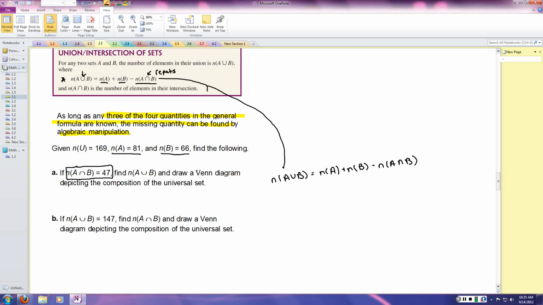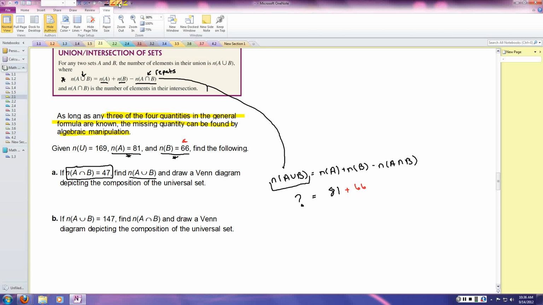So I'm asked to find the number of elements in the union. So this quantity is not known, so I put a question mark. That's what I want to find. I know the number of elements in A because that was given in the problem, and I know that's 81. The number of elements in B was given in the problem, and I know that's 66.